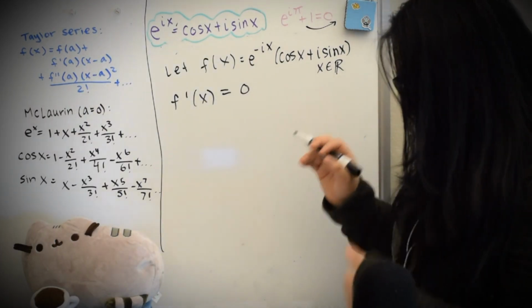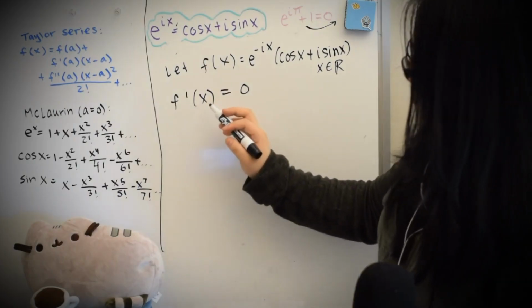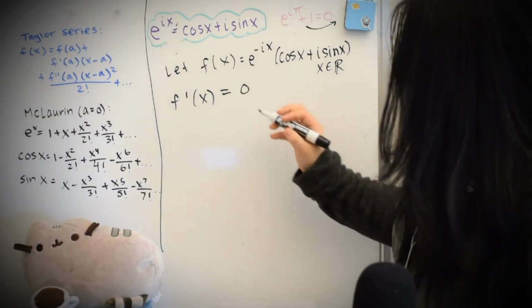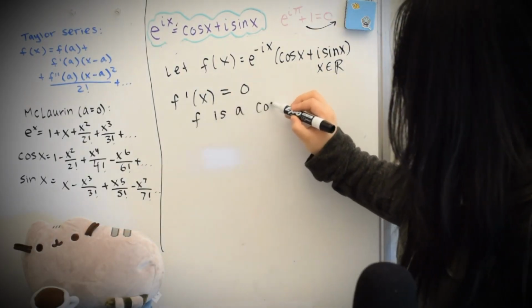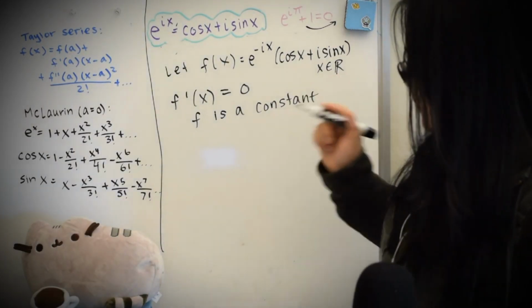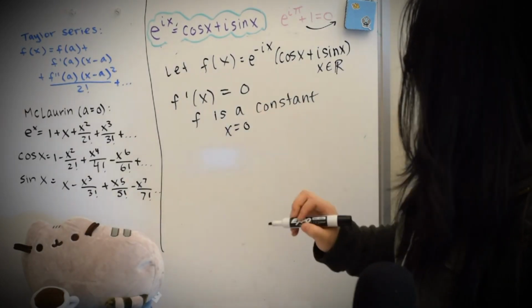And why that's significant is if the derivative is always 0, then you know that f is a constant. It's the same everywhere, so I can pick any arbitrary point. Conveniently, I am going to pick x equals 0 and see what we get.